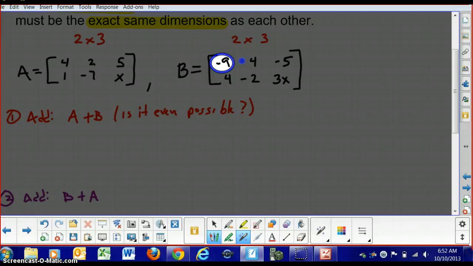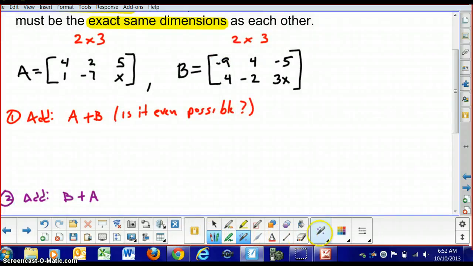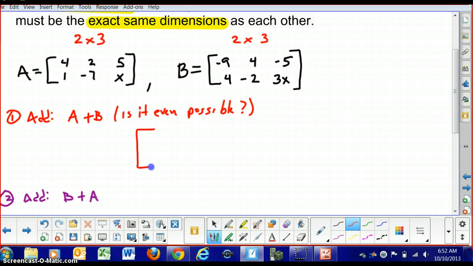So my new matrix will go, let me get rid of this one. So this is going to be matrix A plus B. Matrix A plus B is also going to be a 2 by 3 matrix.